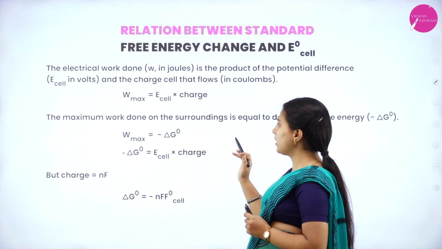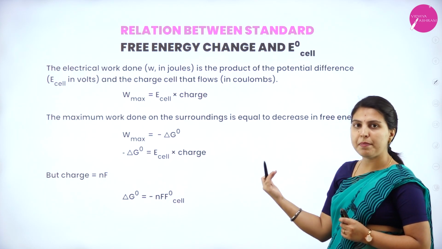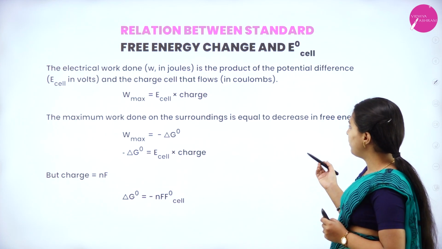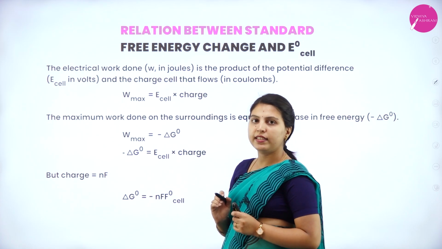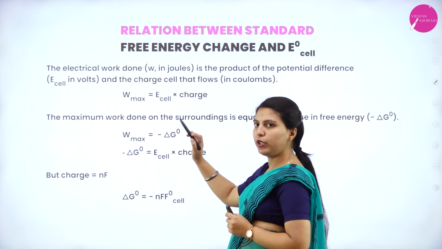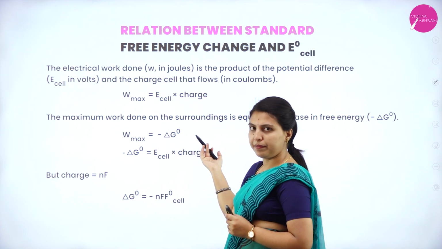The maximum work done on the surroundings is equal to the decrease in free energy, so it will be designated by a negative sign. Maximum work will be equal to minus the free energy.